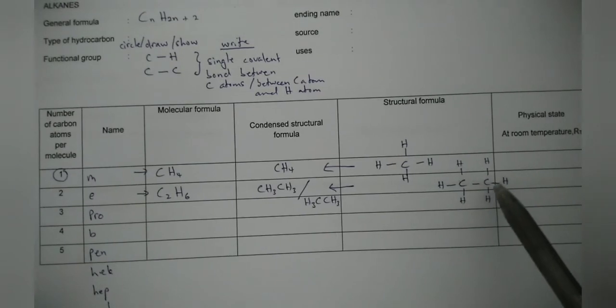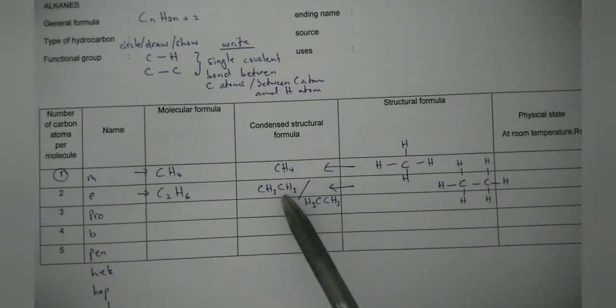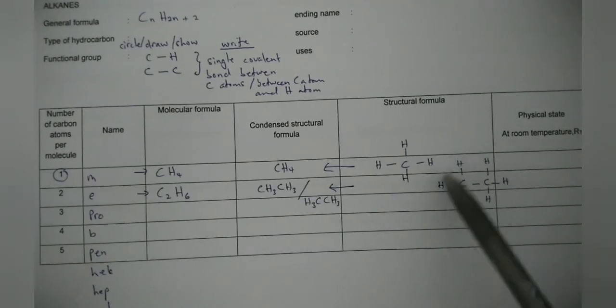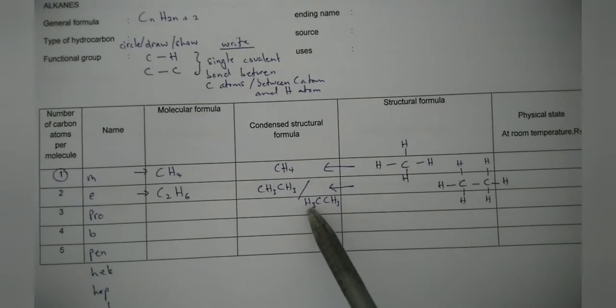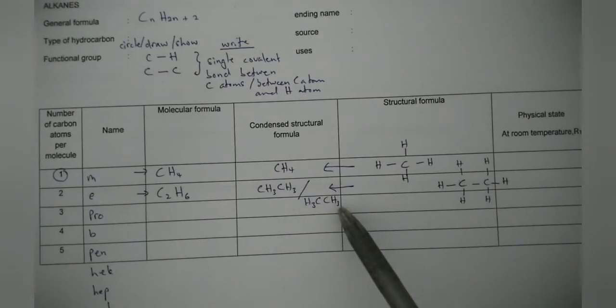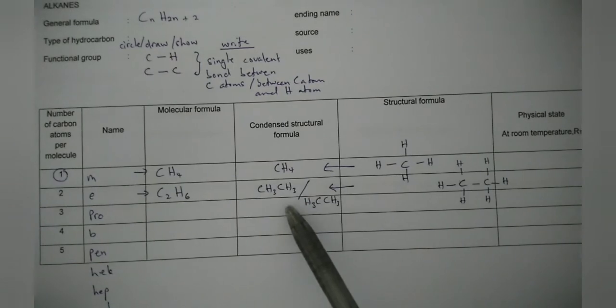And next, CH3. Or we can write C, 3 hydrogen atoms, CH3, and another carbon atom, CH3. We can refer to the structural formula to get the condensed structural formula.